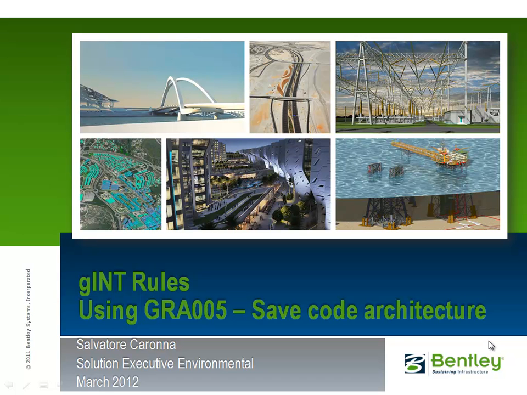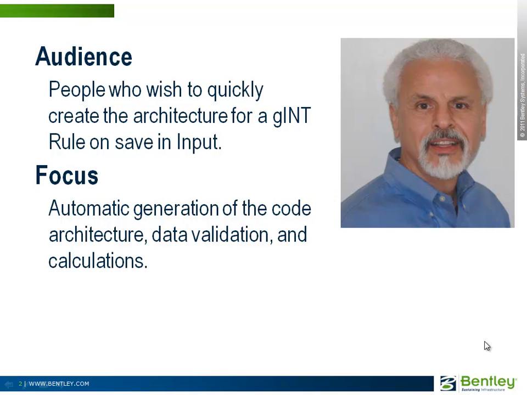Today we're going to talk about a really interesting aspect of GINT rules, a sample GINT rule we call gra005. The people that wish to quickly create an architecture for a GINT rule on save in input, this is a place you want to be.